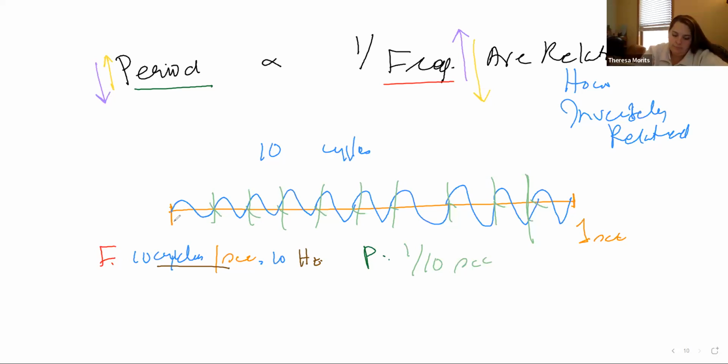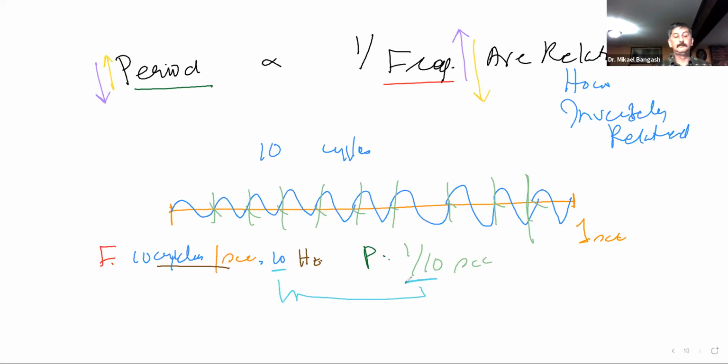Now, when you look at these two numbers here, what does that tell you? It just confirms that not only are the period and frequency inversely related, but they're also reciprocal.